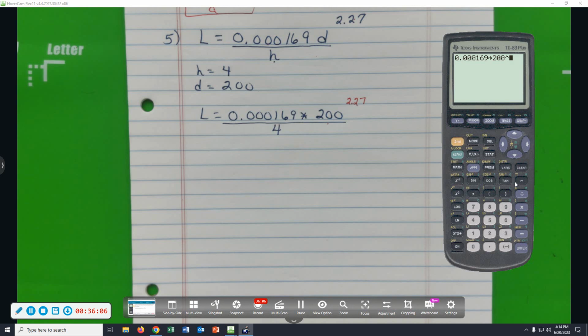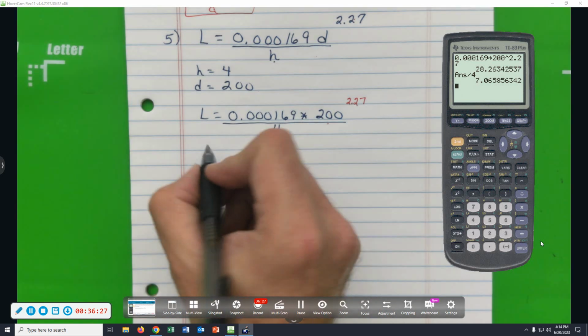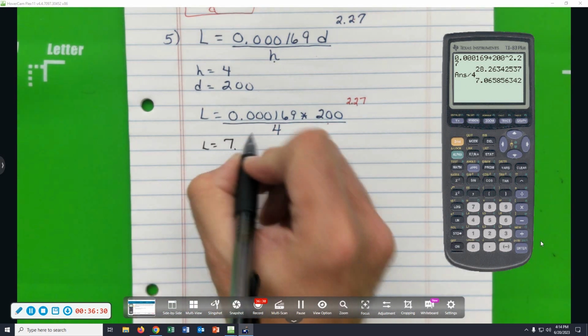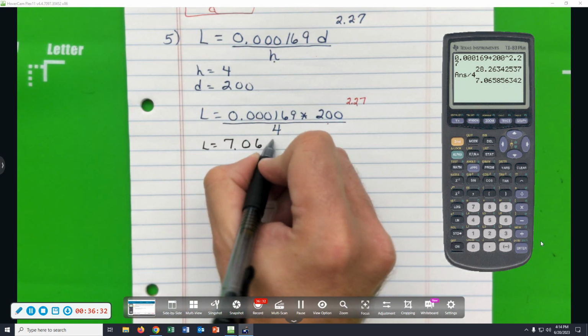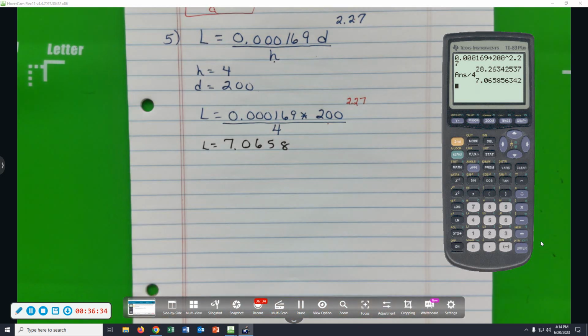This is how most calculators, not most, but a lot of them, denote exponent 2.27. So now, okay, that's the top number, divided by 4. So we're getting a 7.0658.